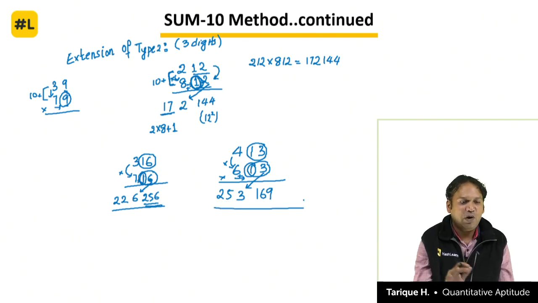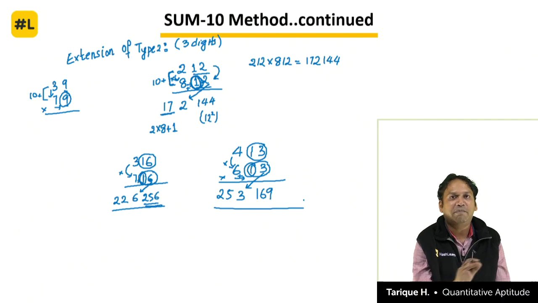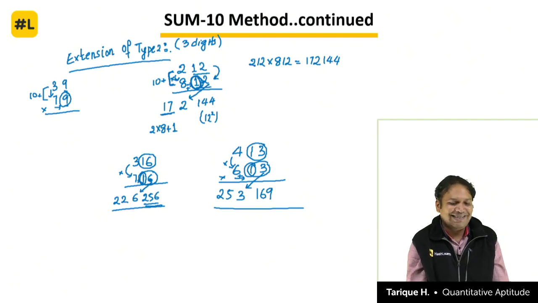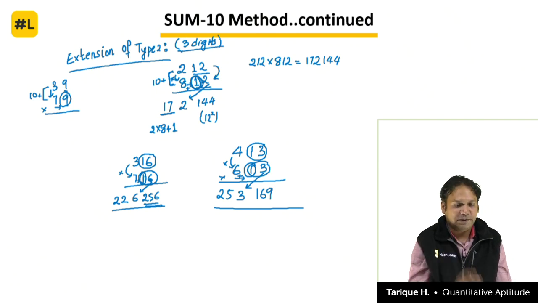So with this I hope you have understood Sumten method completely, all types, type 1, 2 and extension of type 2. So when do we use extension of type 2? For 3 digit numbers. Okay. So Sumten method is done.